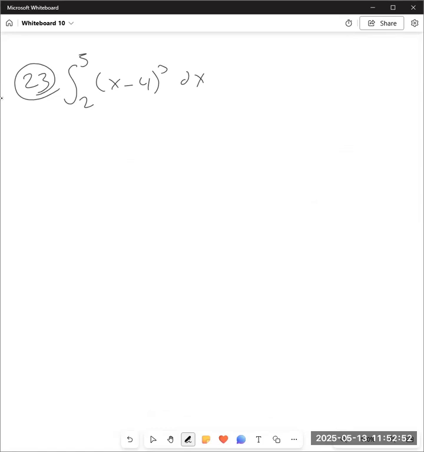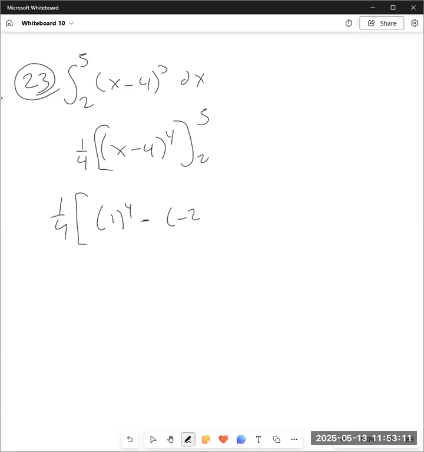To use u substitution, just call this 1/4 x minus 4 to the 4th, and evaluate that from 2 to 5. It's going to be 1/4 of, and then stick 5 in there. 5 minus 4 is 1 to the 4th, minus stick 2 in there. 2 minus 4 is -2 to the 4th. This is 1/4 of 1 minus 16 is a -15 over 4.